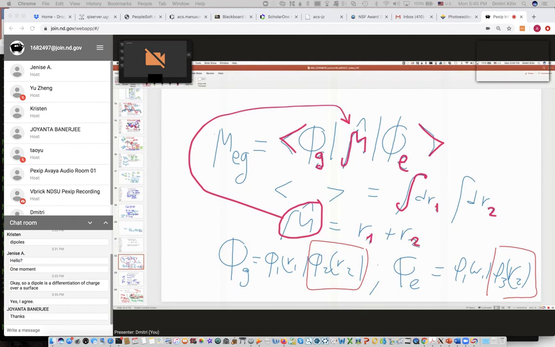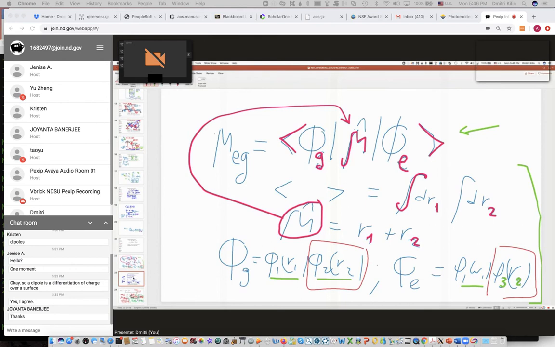The initial ground state wave function is the product of the first electron in the first orbital, the second in the second. The excited state is the first electron in the first, the second electron in the third. So I am going to plug all of this into the equation at the top and see the consequences. And we are going to have a good, positive surprise. The situation will be very much simplified.